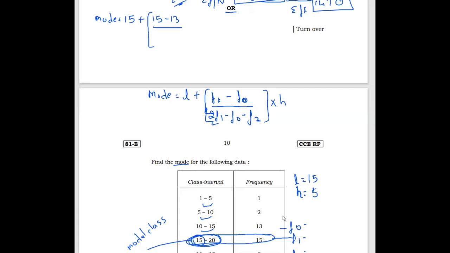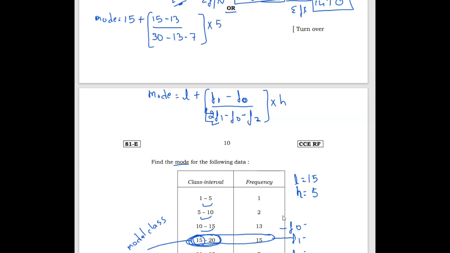You have to multiply F1 with 2. Twice F1 is 15 twos are 30, minus F0 which is 13, minus F2 which is 7. This one into 5, height H.